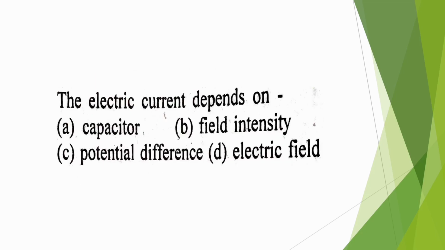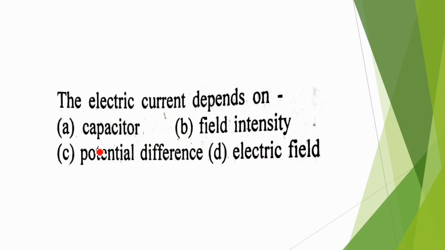The electric current depends on. This is a very important question, and students are advised to kindly understand this. The electric current depends on: A, capacitor; B, field intensity; C, potential difference; D, electric field. The electric current depends primarily on potential difference, voltage and resistance according to Ohm's law.